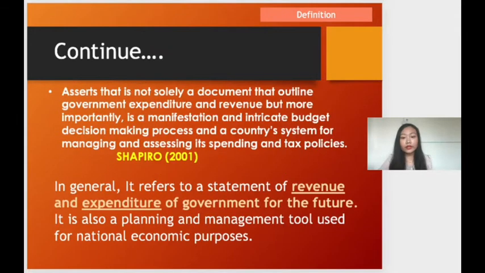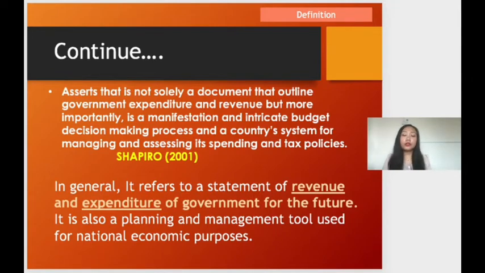Oh yeah, we have another one from Shapiro, 2001. So, public budget asserts that it is not solely a document that outlines government expenditure and revenue, but more importantly, it's a manifestation of an intricate budget decision-making process and a country's system for managing and assessing its spending and tax policies.